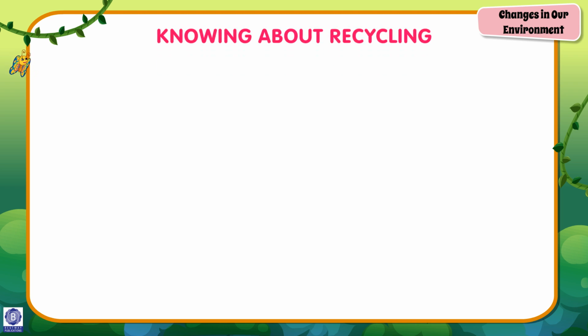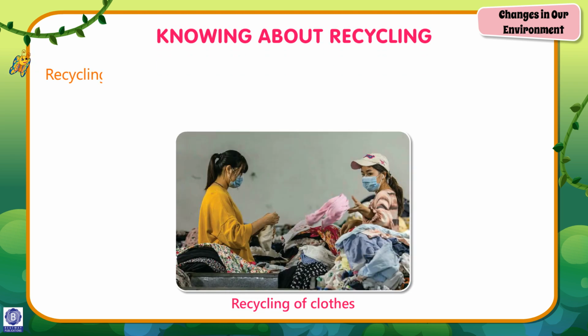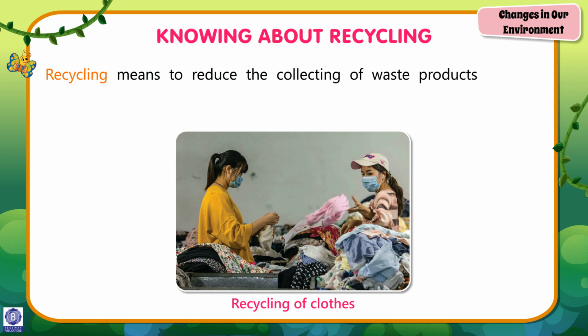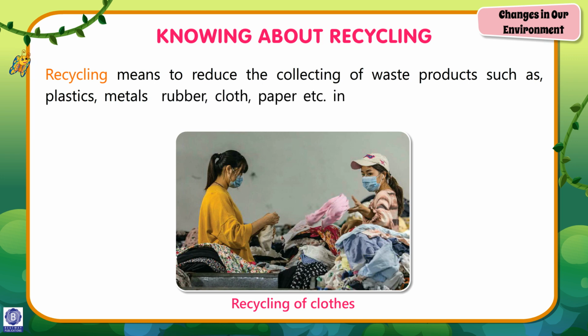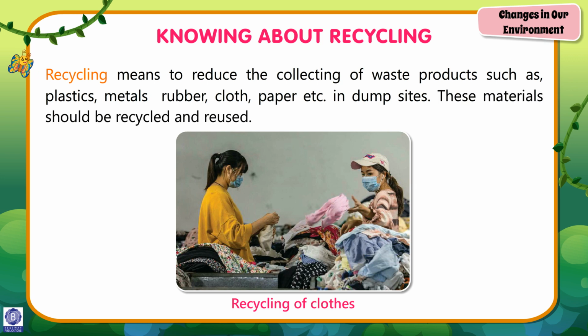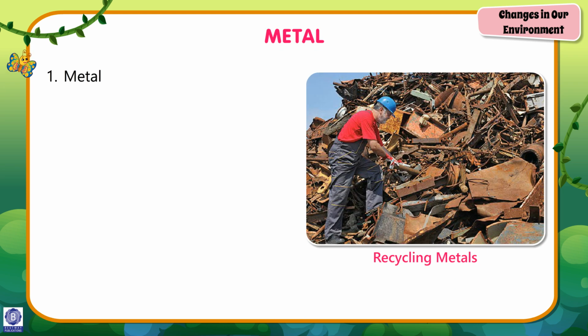Knowing about recycling. Recycling means to reduce the collecting of waste products such as plastics, metals, rubber, cloth, paper, etc. in dump sites. These materials should be recycled and reused. Metal.